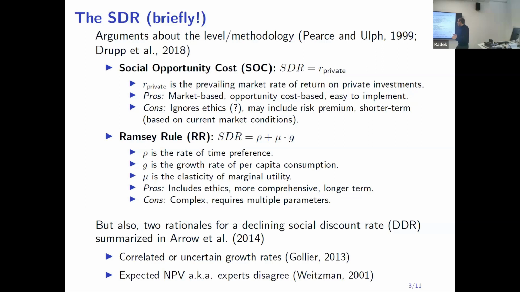So what are the pros here? Well, it includes a form of ethics through this time preference parameter. Ramsey was the brother of the Archbishop of Canterbury, and he was coming from a deeply religious family, even though he was himself an atheist. But for him, morality and ethics and philosophy and the idea of discounting over time was deeply problematic.